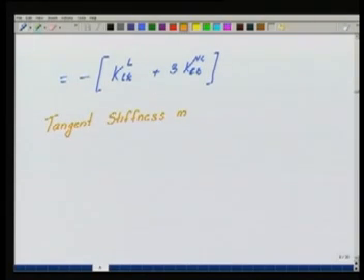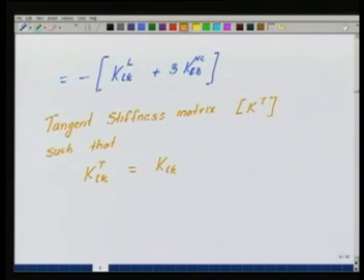The stiffness matrix is K_T, such that, I will write what we mean by this. K_T,LK is equal to, for this problem, K_LK linear plus 3 K_LK nonlinear.